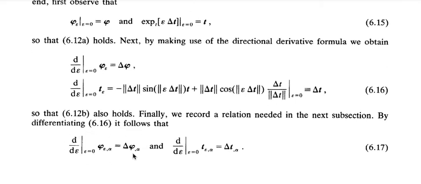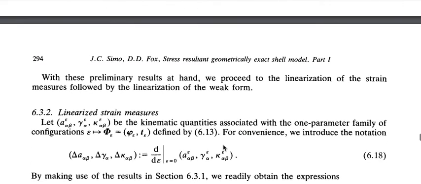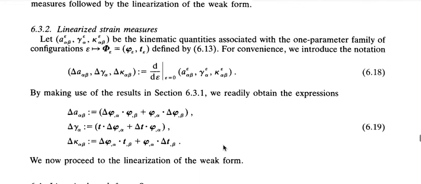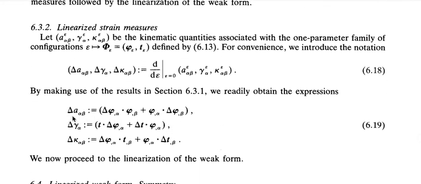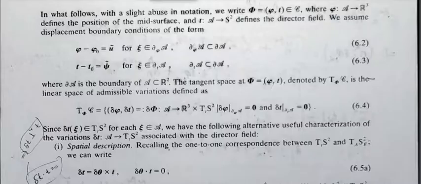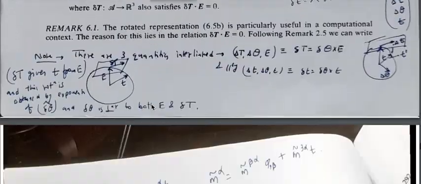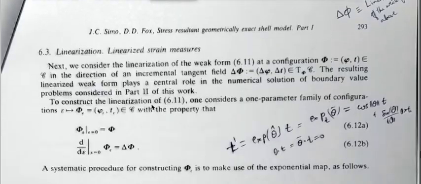Later on we will also need to write the derivatives of those quantities, so those can also be written down over here. Next, if we write the expressions of the strains, I have written this in a little detail over here.